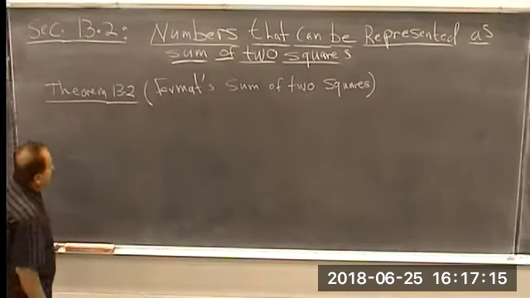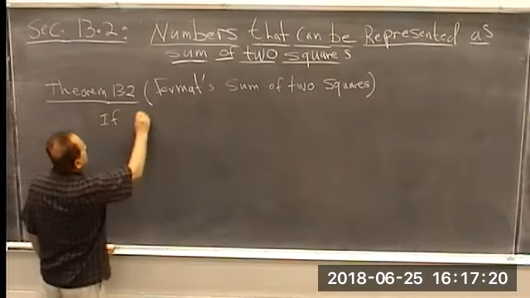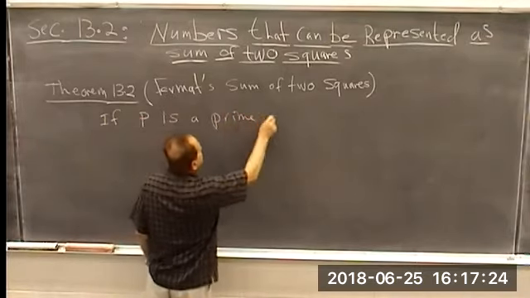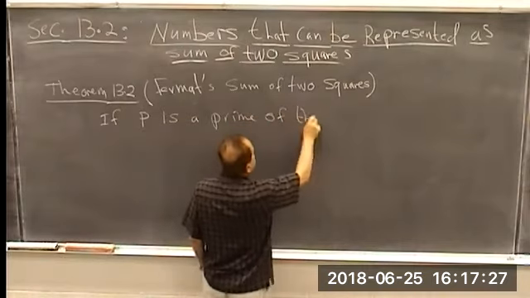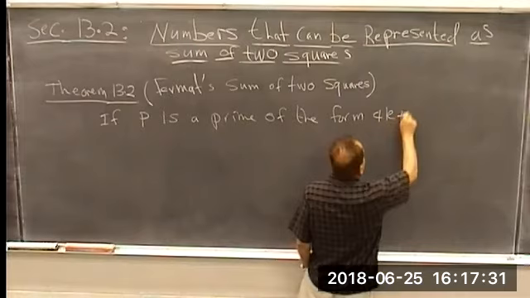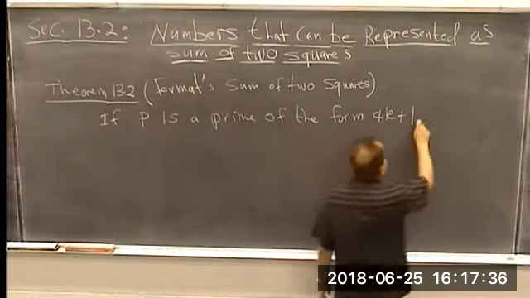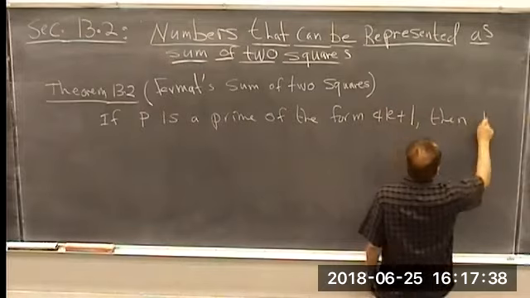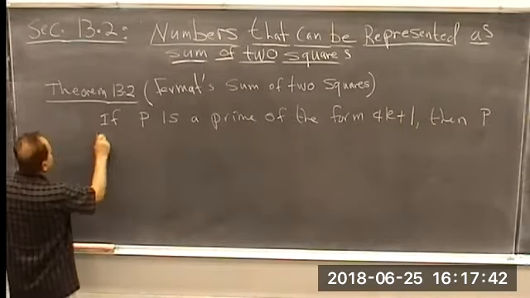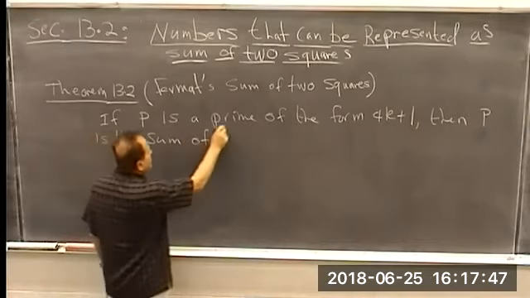All right, and to state this, if p is a prime of the form 4k plus 1, or p is congruent to 1 mod 4, then p is the sum of two squares.